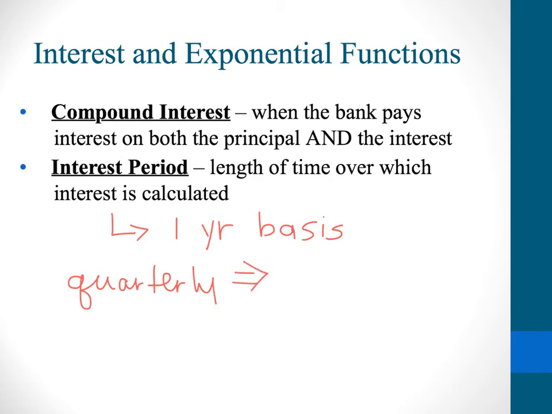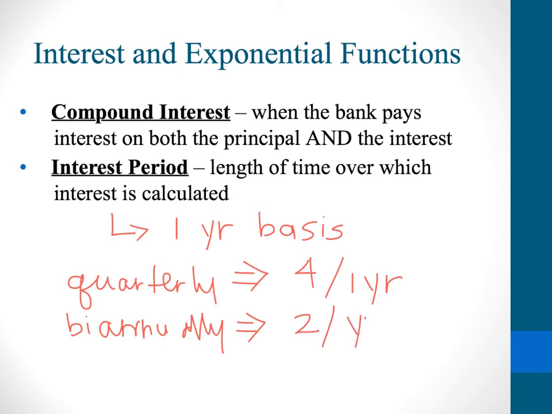This would tell me that this is going to happen 4 times per 1 year. Biannually tells me that it's probably going to be paid out 2 times per year.